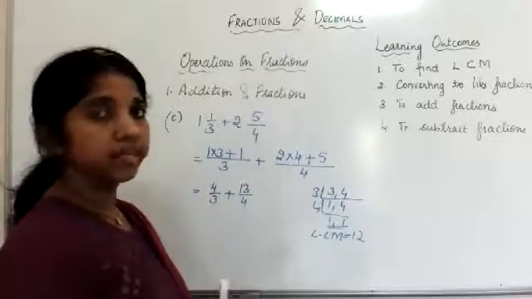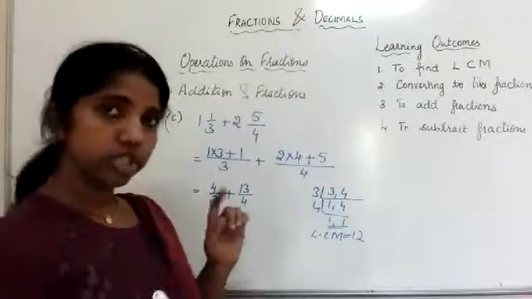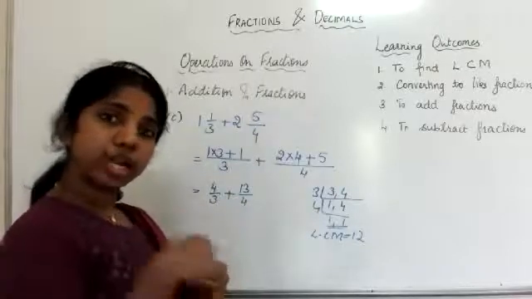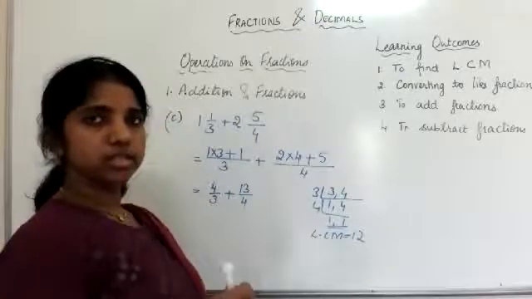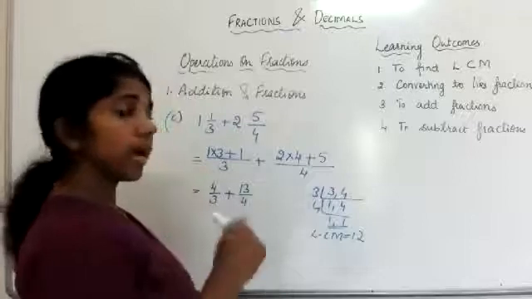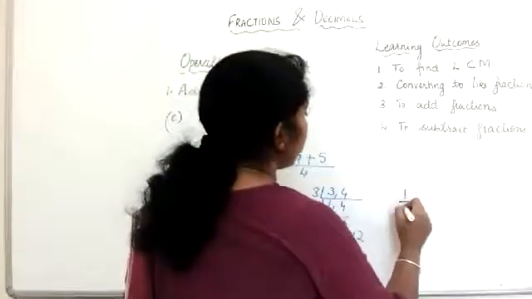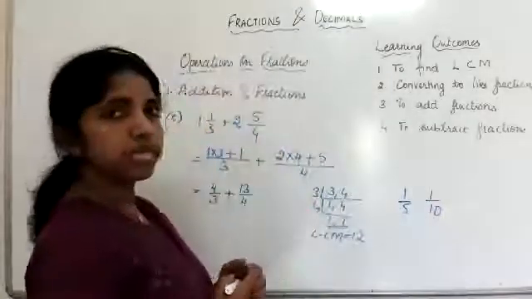Now one more condition. I have said there is a prime number, but you should check whether there is a prime number, and also, after checking that, whether it becomes a factor of the other number. For example, if I have 1 by 5 and 1 by 10, you don't tell me the LCM is 50. It is wrong.